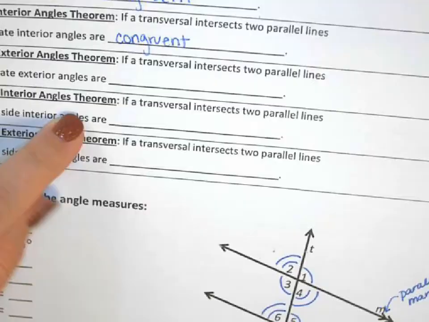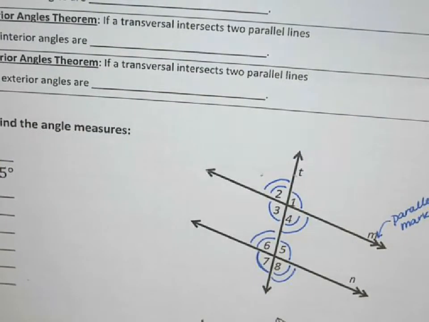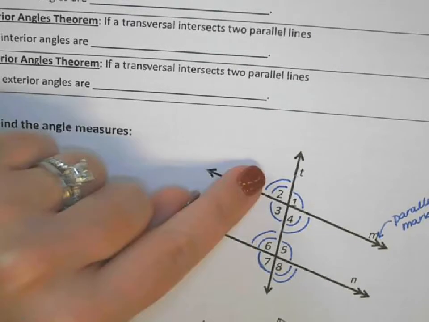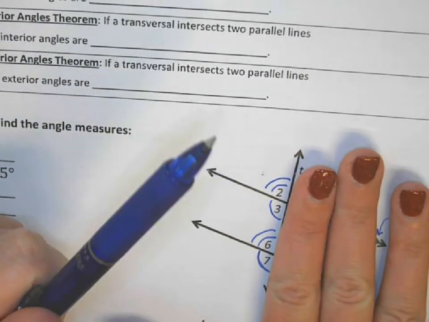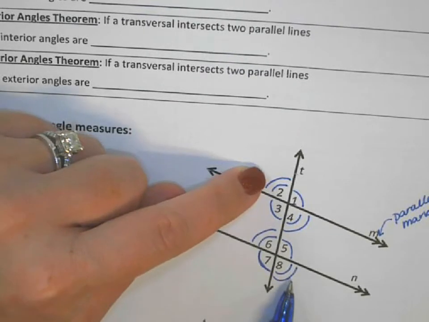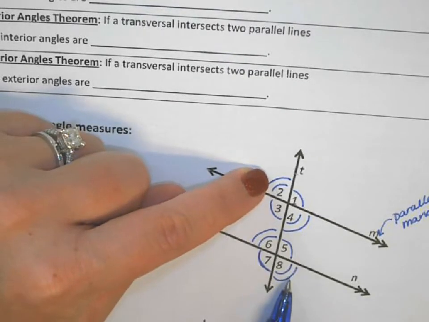Okay, let's look at alternate exterior angles. What are 2 angles here that are a pair of alternate exterior angles? 2 and 7 are on the same side. 2 and 7, see how they're on the same side of this transversal? We're looking for alternate exterior angles. 2 and 8 then. 2 and 8 are on opposite sides of the transversal and they're exterior angles.